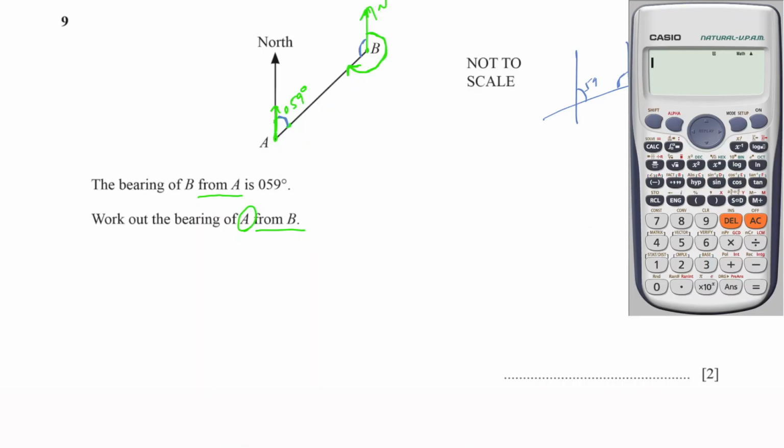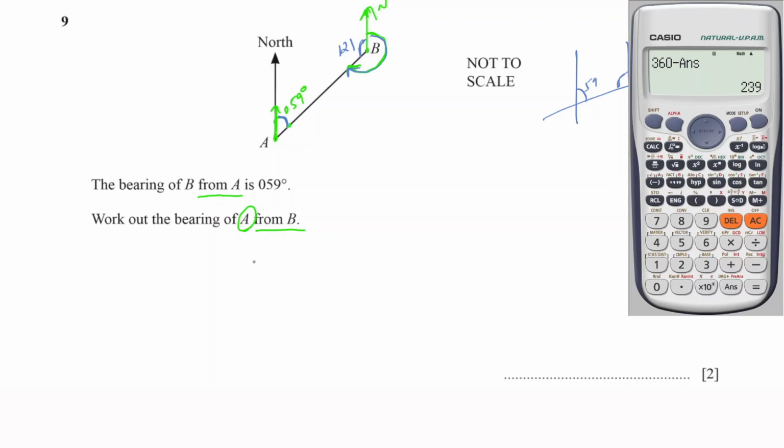So let's use a calculator. 180 minus 59 gives you 121. So this angle is 121, correct? Because the sum of 59 and 121 should be equal to 180. Then what is the rest of the angle? Actually, the total angle will be 360, so 360 minus 121 is 239.